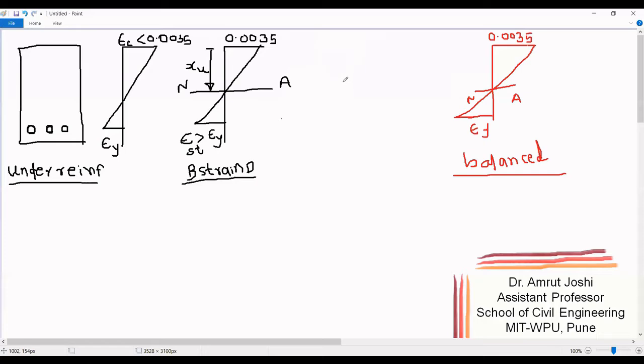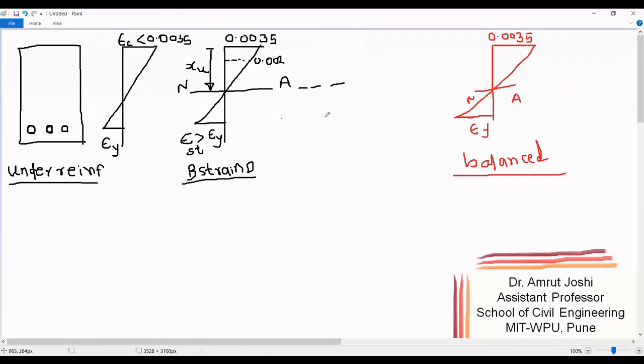Now let us draw the bending stress distribution diagram for the under reinforced section corresponding to the bending strain distribution diagram at failure. As we have already seen, we will have to calculate where the strain drops down to 0.002, and we know that location will be 4/7 XU from the neutral axis and 3/7 XU from the extreme compression fibers.